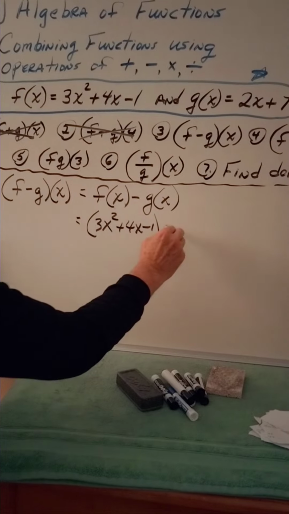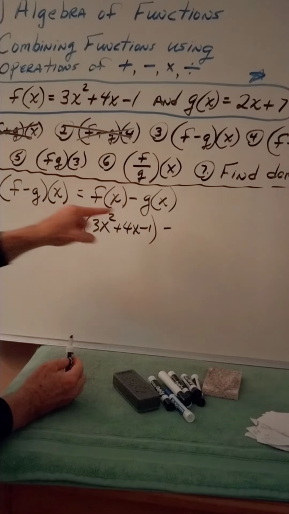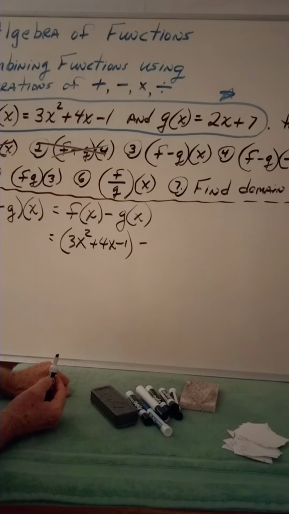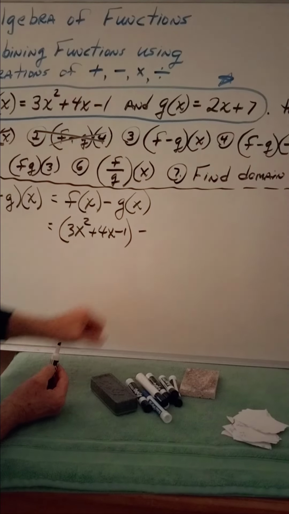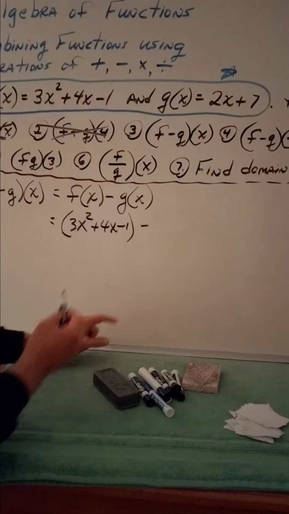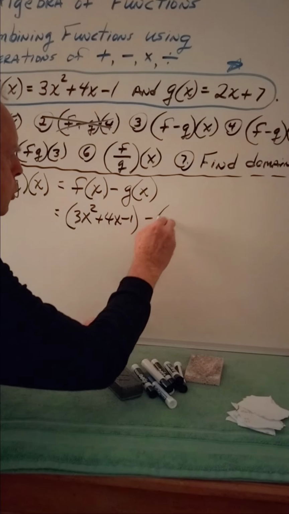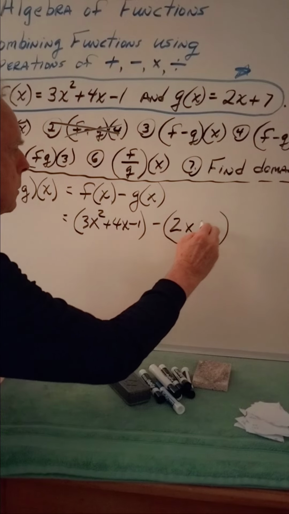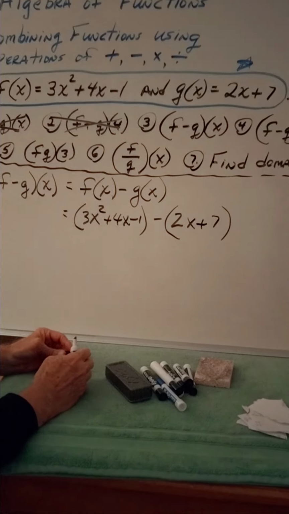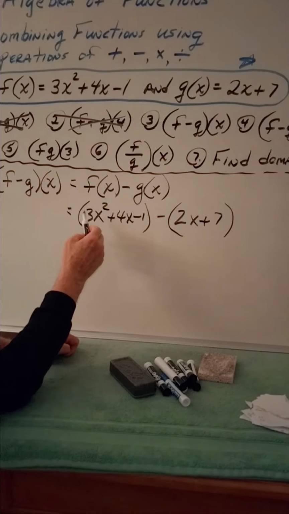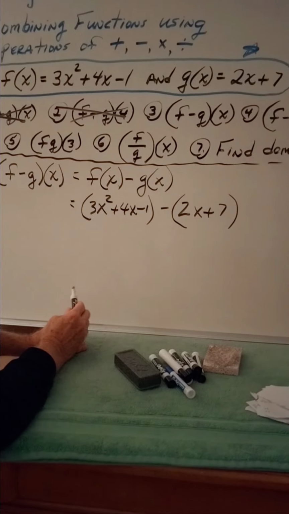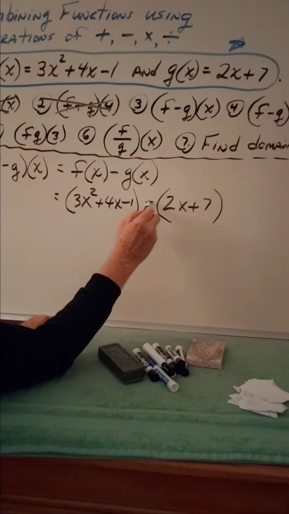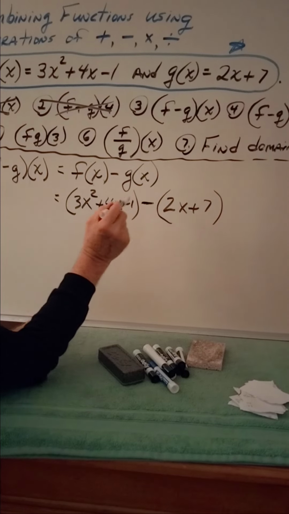Then minus. Now here's where it's important. Minus g of x. Minus g of x is not just one term up there. It's a binomial. You have to tuck and put that binomial in there. And then, folks, before we go to the action of subtracting, I believe it would be important. I'm going to share this. I've shared it before.